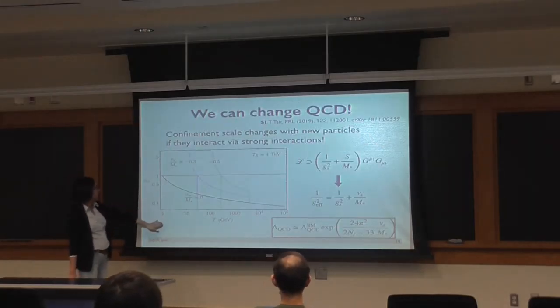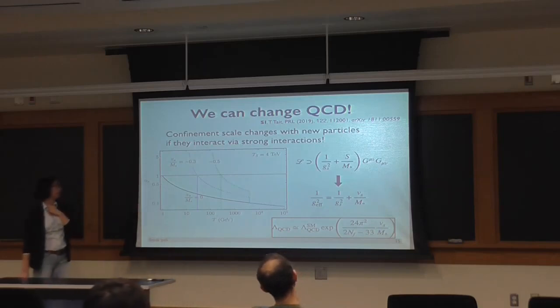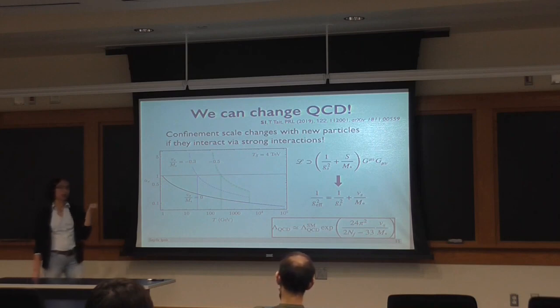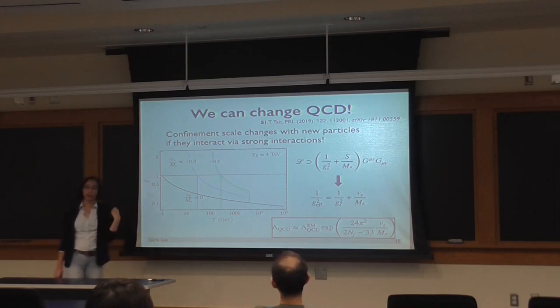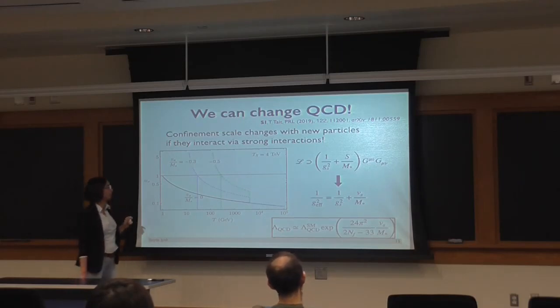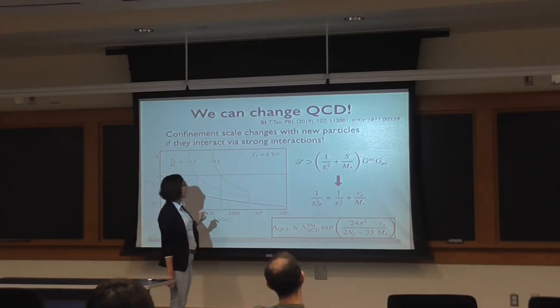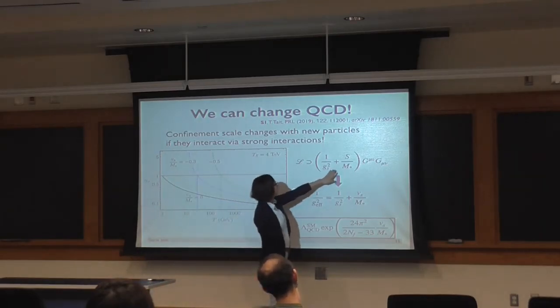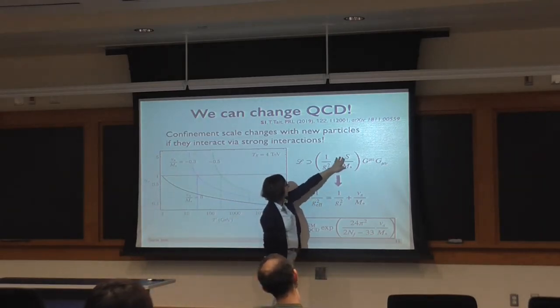In my work with Tim Tait at UC Irvine, we said, let's try to change the QCD coupling constant in the early universe. You can do this by just coupling things to the gluon field strength. Here we are just looking at a new scalar singlet, S, suppressed by some scale M star.